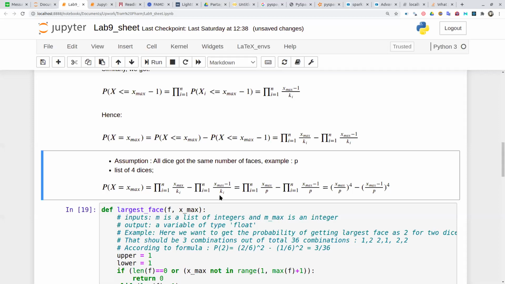Okay, please give me a moment so I can have a look at the formula. So, x max divided by k and x max minus 1, the same thing. Yes, I got this part. Let me try to explain to see if I got it.